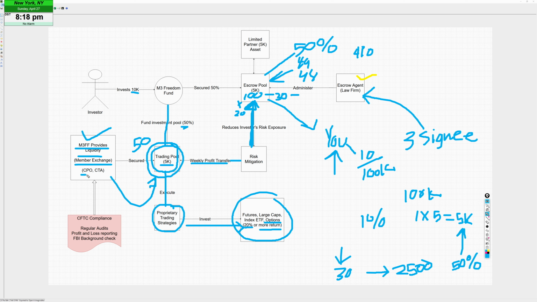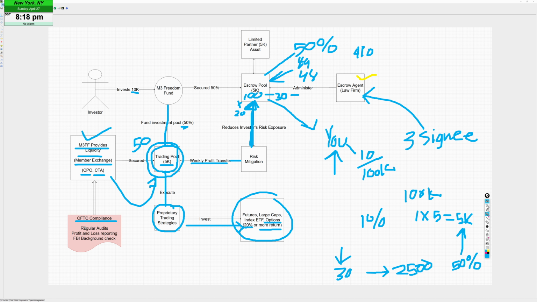And we will be what they call a commodity pool operator and a commodity trade advisor, and those designations require compliance. We have to be in compliance with this governing body. It is called CFTC compliance.